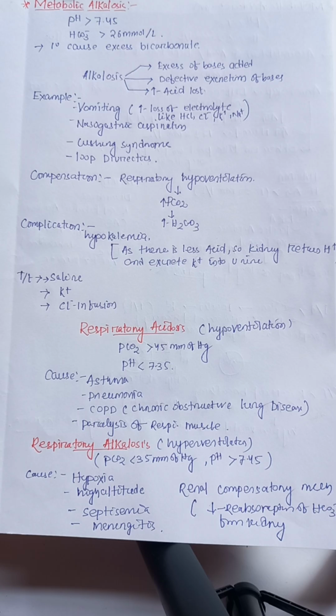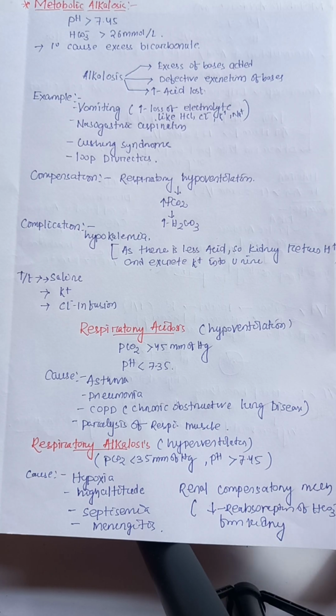So respiratory acidosis means hypoventilation, that means CO2 is not able to wash out, which may cause retention of H2CO3. There are many diseases with respiratory defects, like asthma, pneumonia, COPD and paralysis of respiratory muscles, and these cause respiratory acidosis.